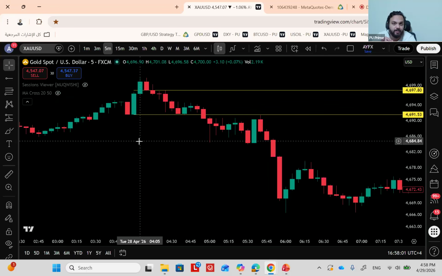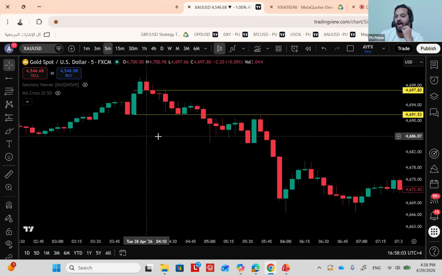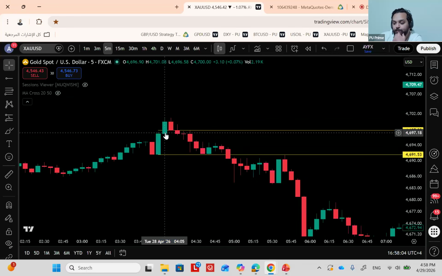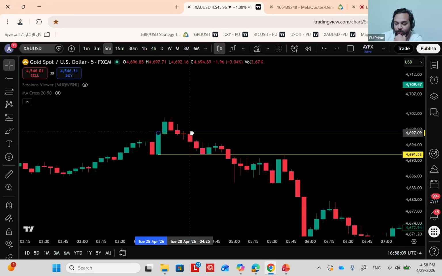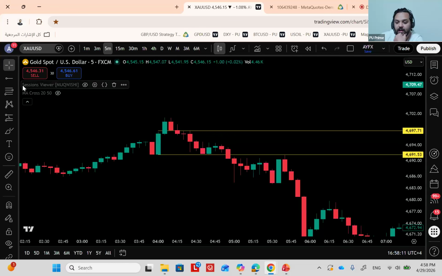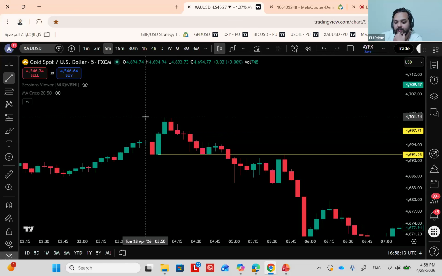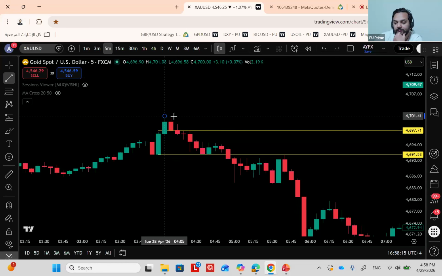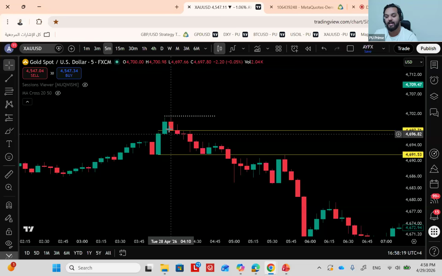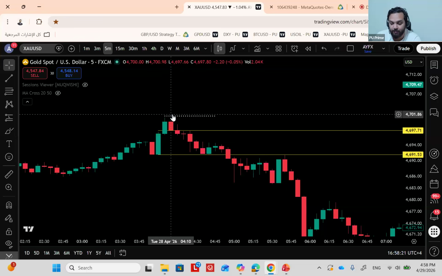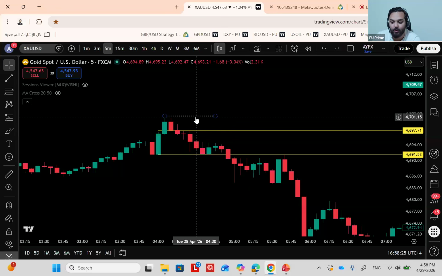Now my rule says, if there is a candle that breaks above the high of the opening candle, I'll highlight the high like this. Okay? If there is any candle that breaks above this dotted white line, I will buy.